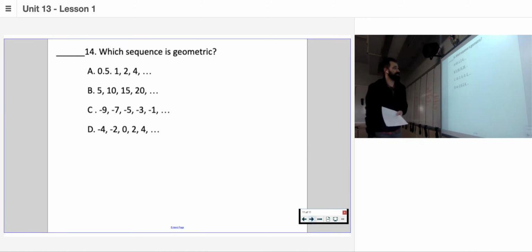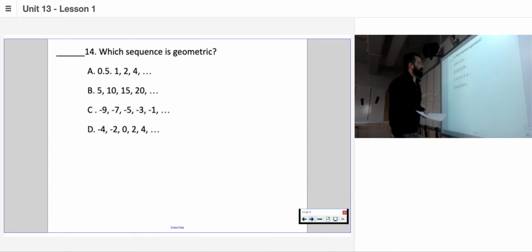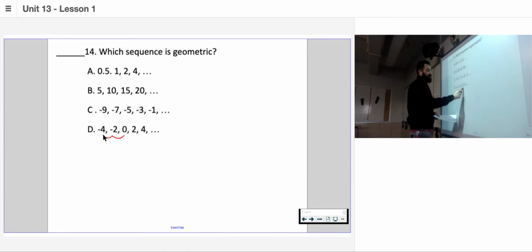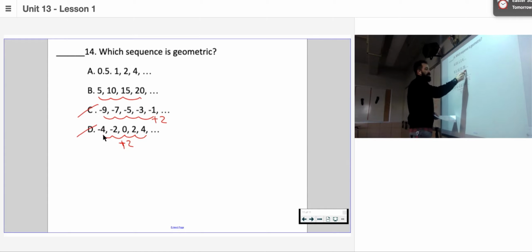Last one. Which sequence is geometric? Which one is multiplying or dividing? Okay. Plus 2, plus 2, plus 2, plus 2. That's adding. Doesn't work. Plus 2, plus 2, plus 2, plus 2. Again, adding. Doesn't work. Plus 5, plus 5, plus 5.